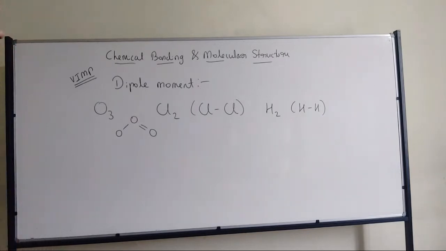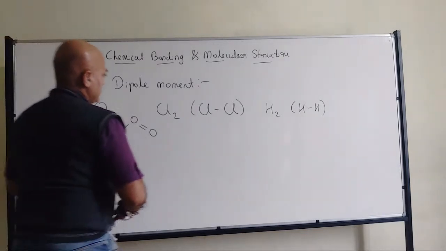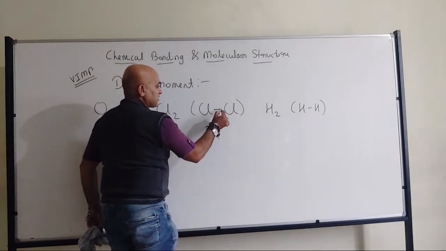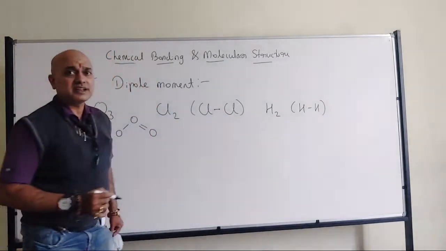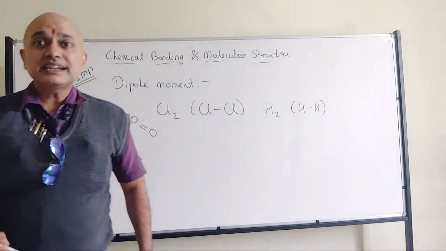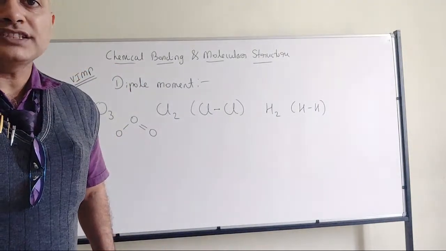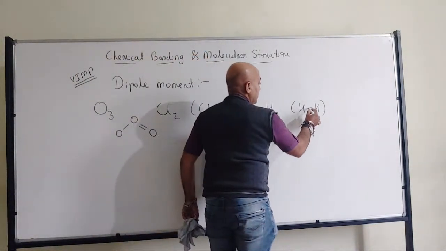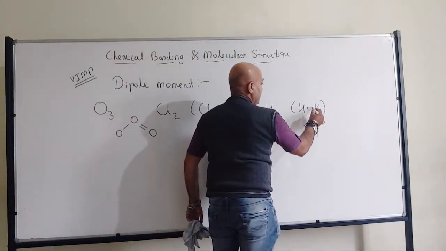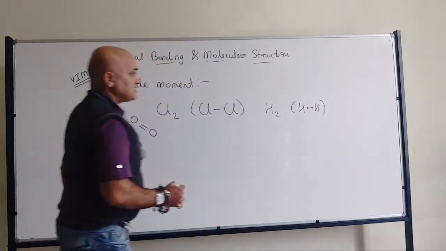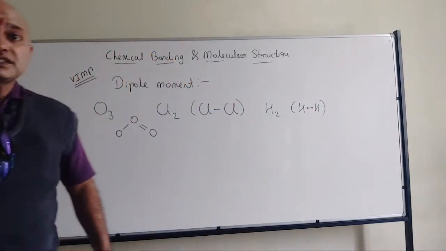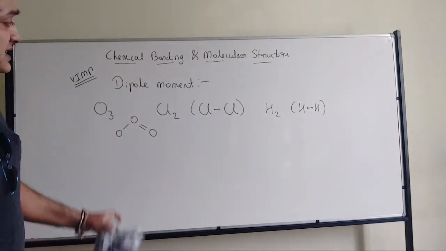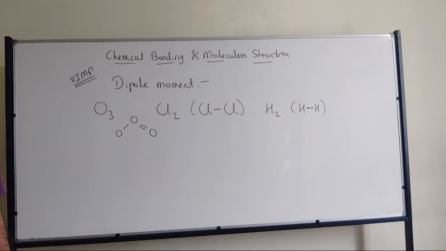If I talk about chlorine, we know that one chlorine has invested one electron and another chlorine has invested one electron. That's where the covalent bond has been formed. Same logic is applicable here. One hydrogen has invested one electron, another hydrogen has invested another electron. So that's where we have the covalent bond between the hydrogen atoms. Same way between the oxygen atoms.